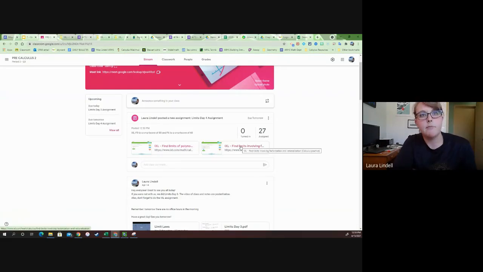This one, finding limits involving factorization and rationalization, you only have to go to a SMART score of 60. Because after 60, it involves a bit of rationalization, which we did not get to today.